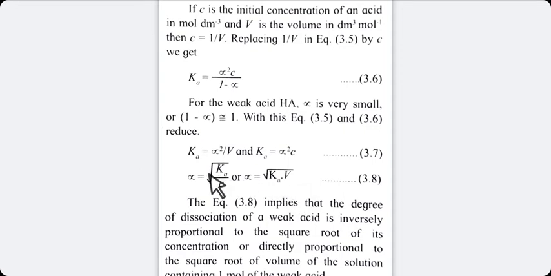From these two formulas, we can imply that the degree of dissociation of a weak acid, degree of dissociation means alpha, is inversely proportional to the square root of concentration C, or the degree of dissociation alpha is directly proportional to the square root of volume V of the solution containing 1 mole of weak acid.